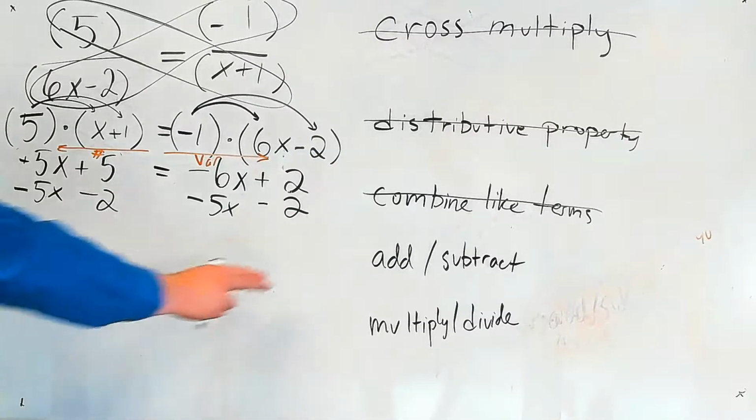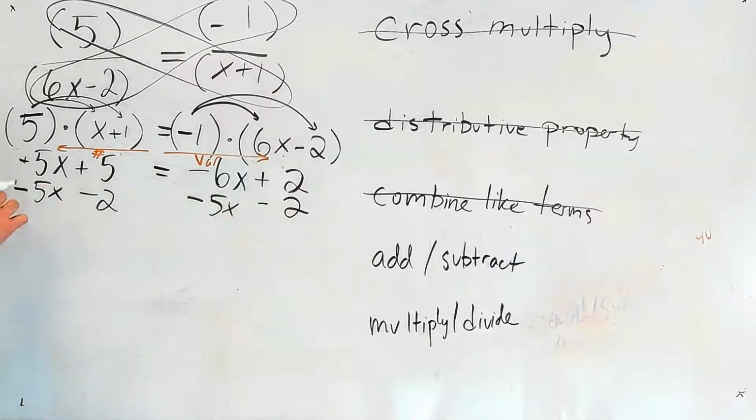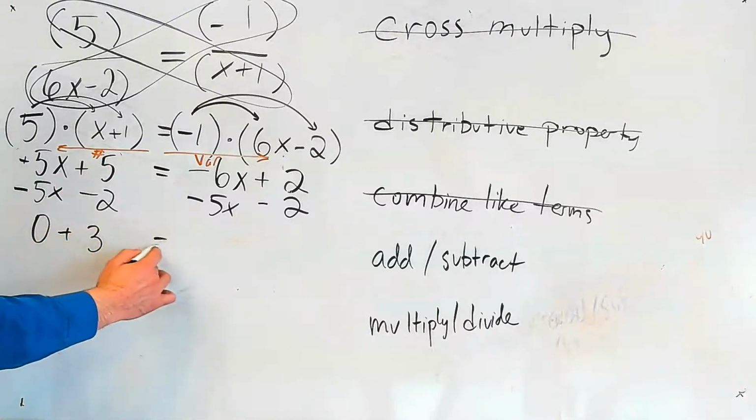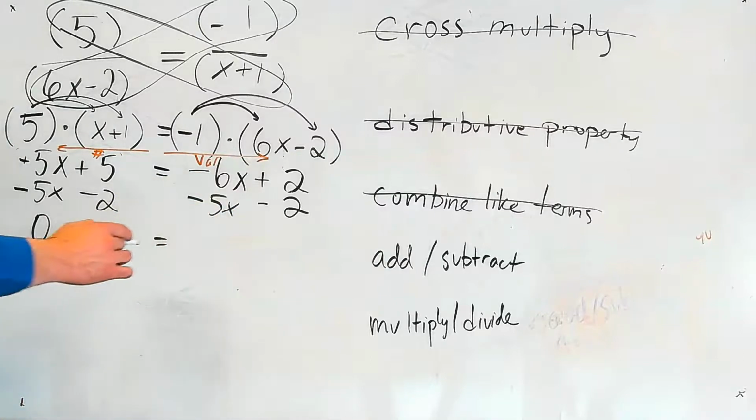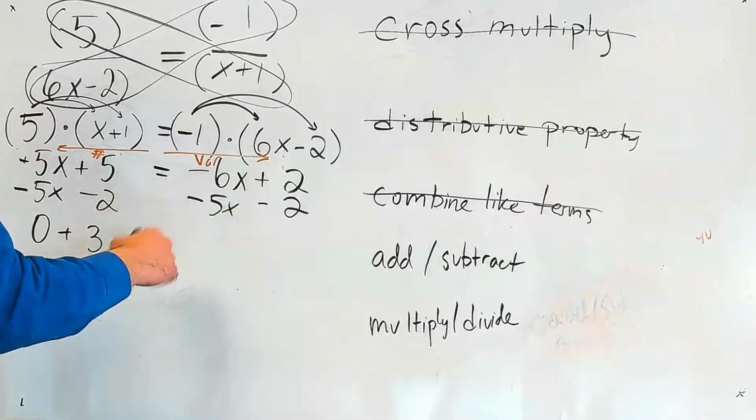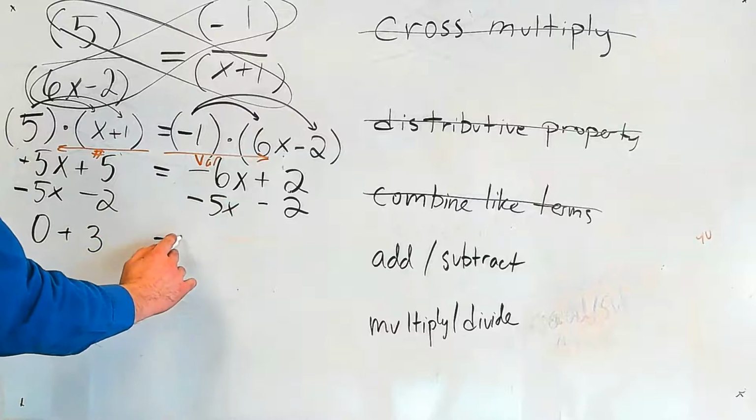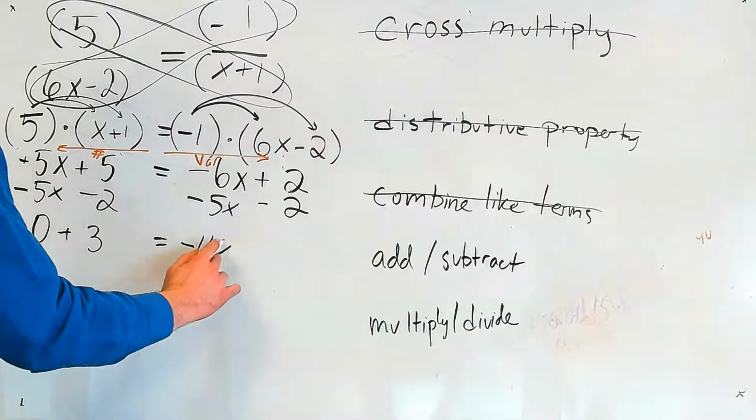Okay. Let's go ahead and simplify this. Plus 5x minus 5x gives us 0. Plus 5 minus 2 gives us plus 3. Negative 6x plus negative 5x equals negative 11x.